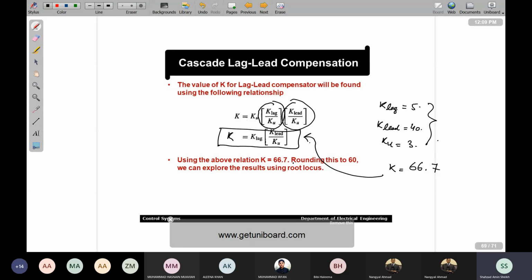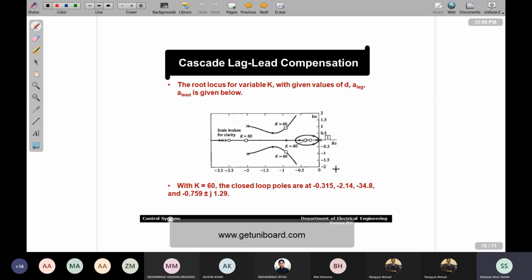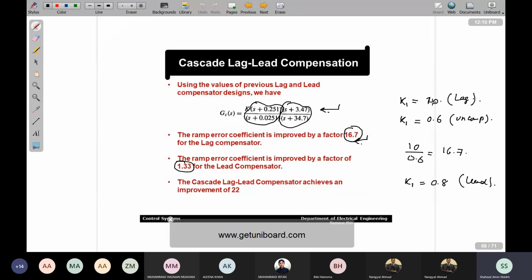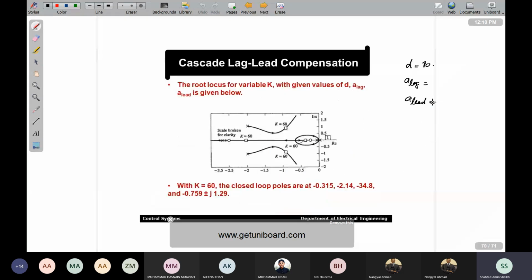And for his example, he has taken it as 60, round off किया है, और राउंड ऑफ करने के बाद ये आपका रूट लोकस है फॉर k इज इक्वल टू, यानी वेरिएबल k के लिए विद गिवन वैल्यूज ऑफ d, a lag एंड a lead. सो d इज इक्वल टू 10 के लिए, a lag और a lead की वही वैल्यूज हैं जो हम पीछे JCFS में देख चुके हैं. सो 0.251 एंड 3.47, and this is 0.251 and 3.47.